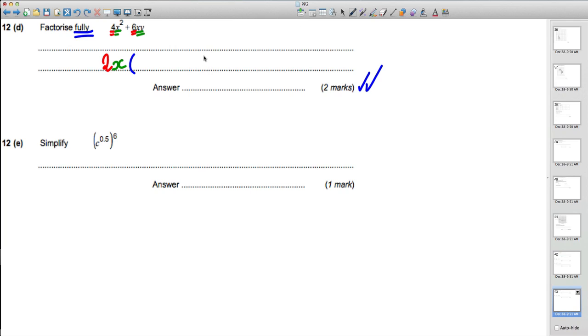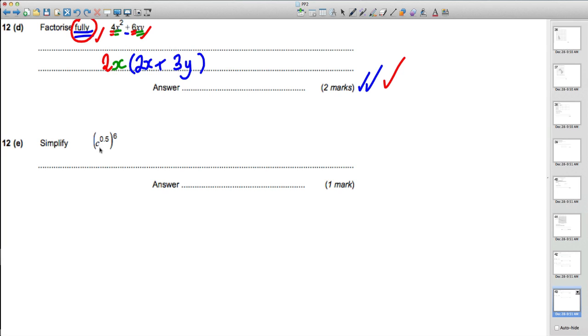And open your brackets up: 4x squared divided by 2x is 2x left over, plus, from here, 6xy divided by 2x just gives you 3y. And then double check you did the right thing by multiplying out. Again, 2x times 2x is 4x squared, 2x times 3y is 6xy. Got it. When it says fully, it means there is a number to factorise and some algebra.